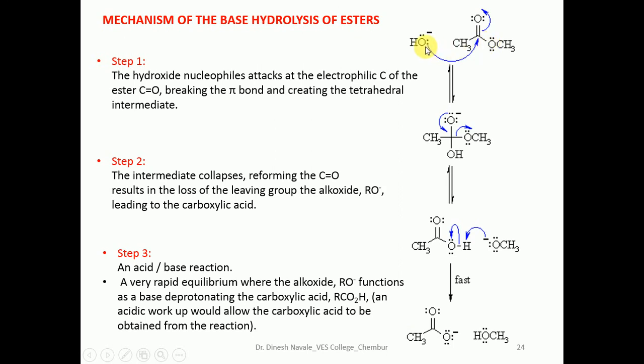If the labeled oxygen 18 belongs to the alcohol group, then the mechanism is different. But formation of the carboxylate ion carrying the O18 label is the confirmation that base catalyzed ester hydrolysis is carried out by the BAC2 mechanism.